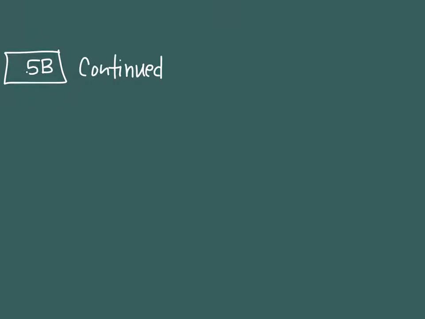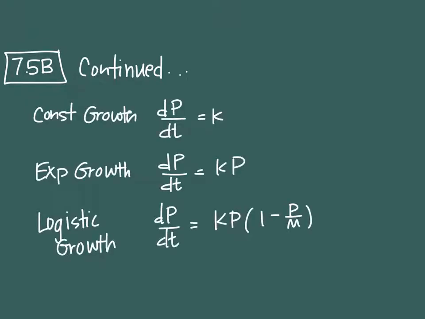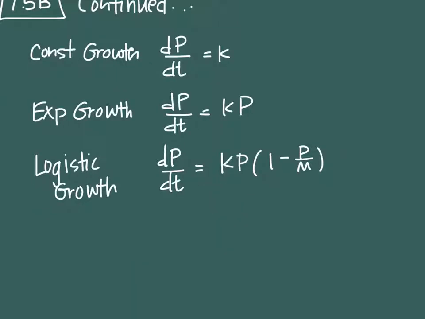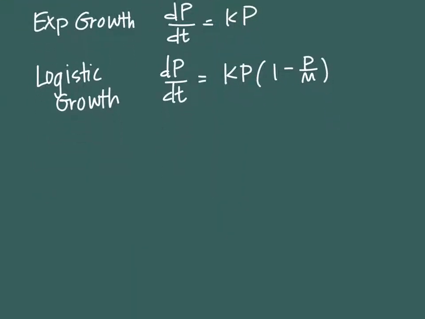And then we've got logistic growth, which we started the proof for. We worked through that really long, complicated proof. So dP/dt equals kP, and then times the limiting factor of 1 minus P divided by M. Okay, so that's what we had, and we kind of proved all the way out what that turns out to be.